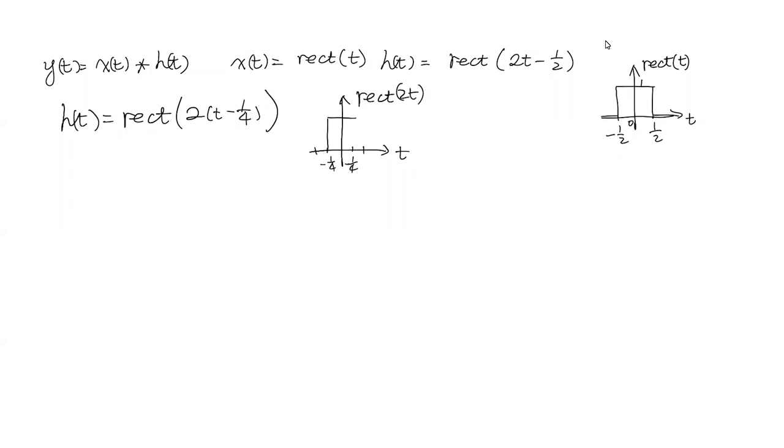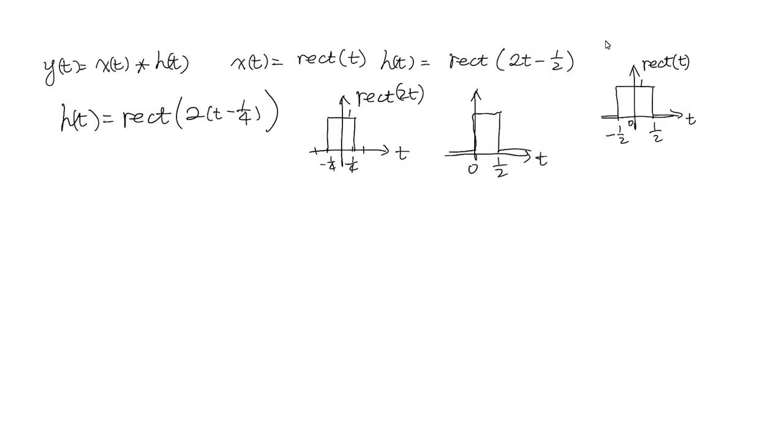So it's narrower, and the height is still 1. The second step is that you're going to move it to the right by 1/4. So this negative 1/4 becomes 0, and this 1/4 becomes 1/2. So you have a function that is narrower than before, and shifted to the right by 1/4.